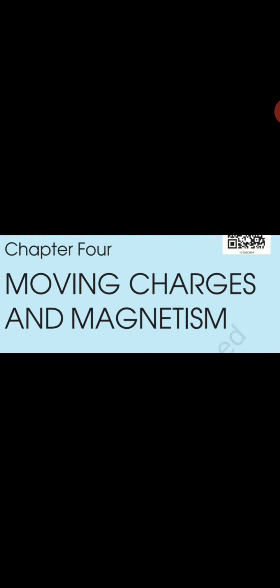The second question is, what do you mean by uniform magnetic field? So you all have learnt about the uniform electric field. A uniform electric field is a field where electric field lines are parallel and equidistant. Similarly, a uniform magnetic field is such a magnetic field where all the magnetic field lines are parallel and equidistant.